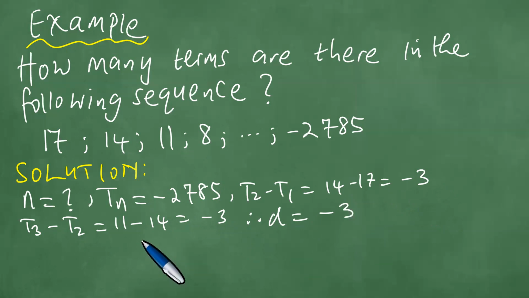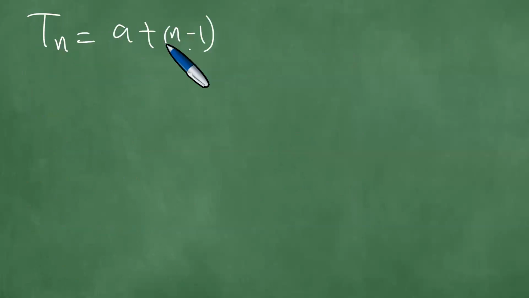Having obtained D, how do we get the rest? If we are looking for n, the common difference is there and the last term is there. So we can proceed and say our Tn is a plus n minus 1 into the common difference. We have already seen that the last term is minus 2785.